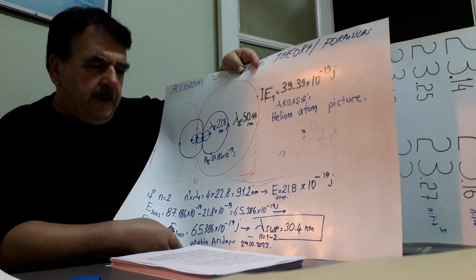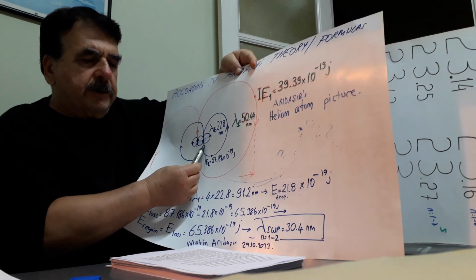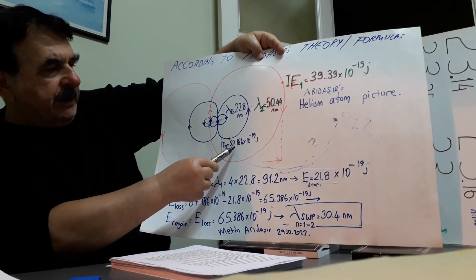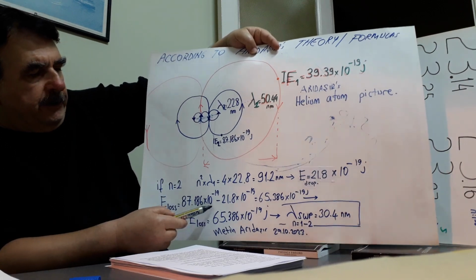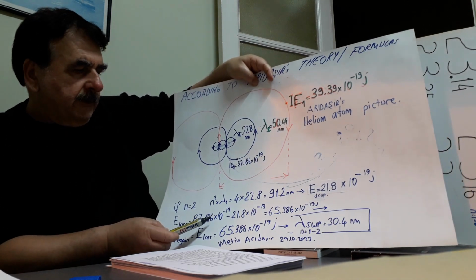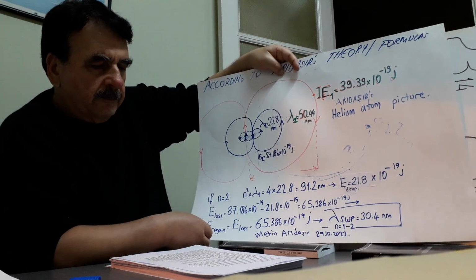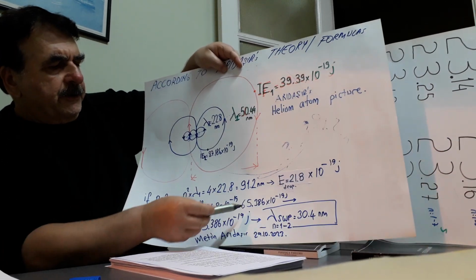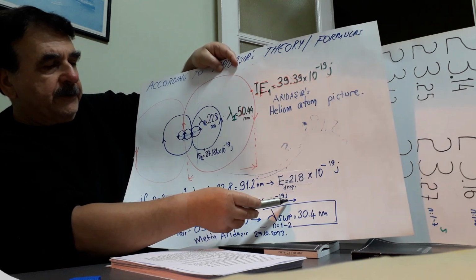Now, the amount of energy loss of the proton-bound electron motion form is 87.186 times 10 to the minus 19 joules minus 21.8 times 10 to the minus 19 joules, which is equal to 65.386 times 10 to the minus 19 joules.